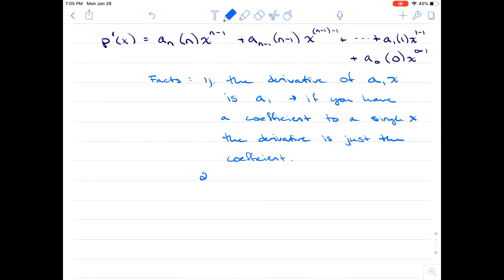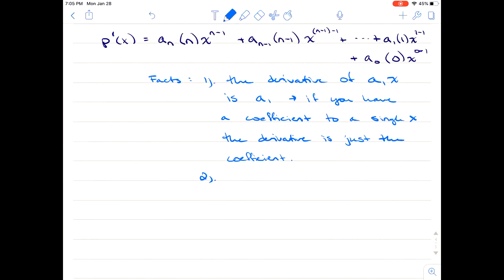Second fact, the derivative of a constant is 0. If you think about it this way, a constant would just be a straight line like this. So there is no change as you move.